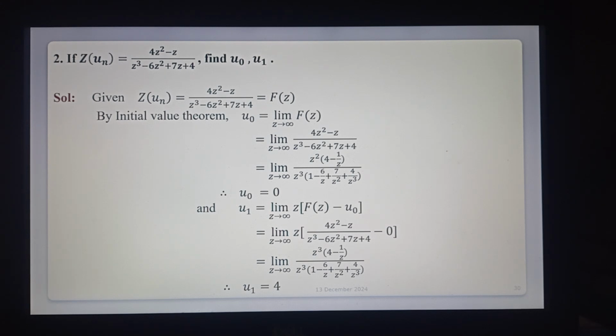So next one. If z transform of un is equal to (4z square minus 2z) by (z cube minus 5z square plus 8z minus 4), find u infinity. U infinity means final value theorem.